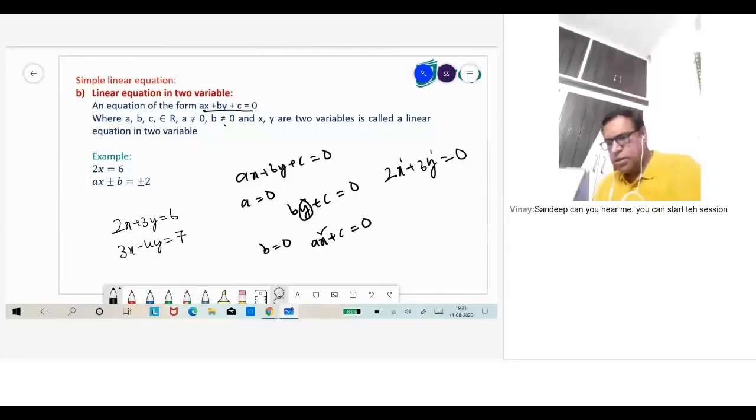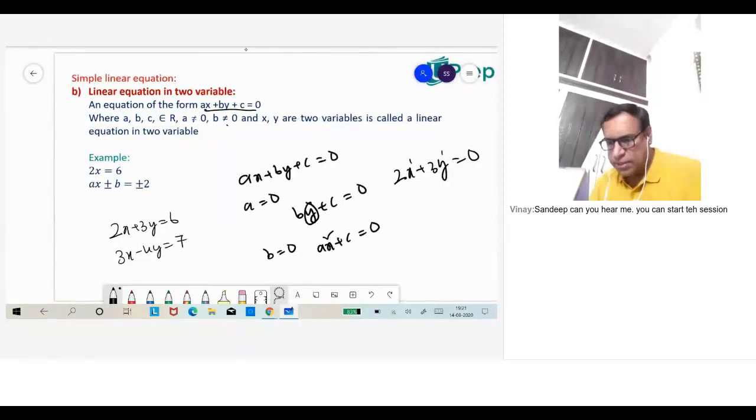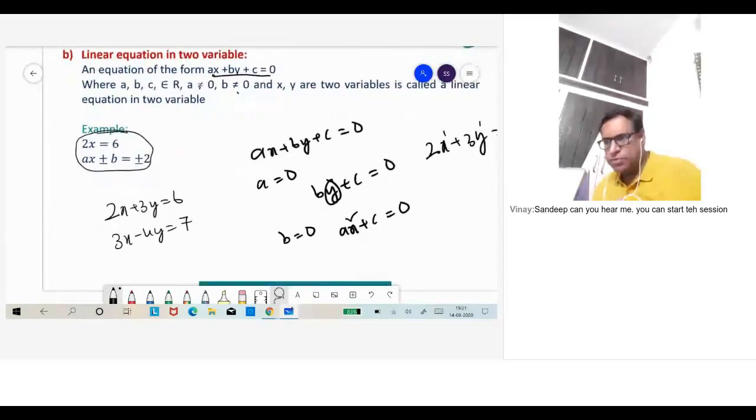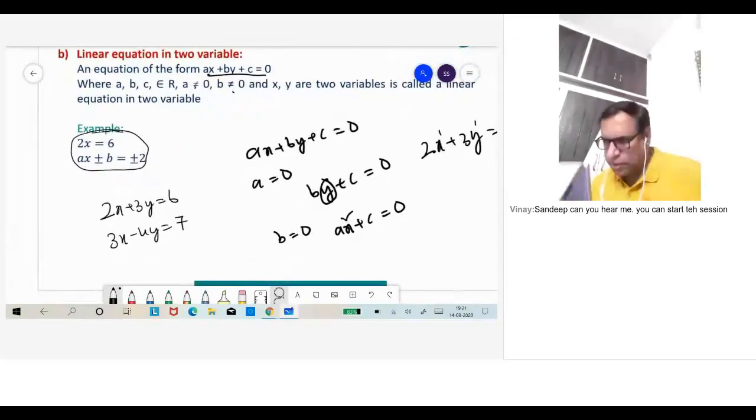Here, x and y are two variables in first degree. This is called a linear equation in two variables. Don't consider an equation with only x, because that is actually a linear equation in one variable. So the examples for a linear equation in two variables look something like this. I'm sure it's done.